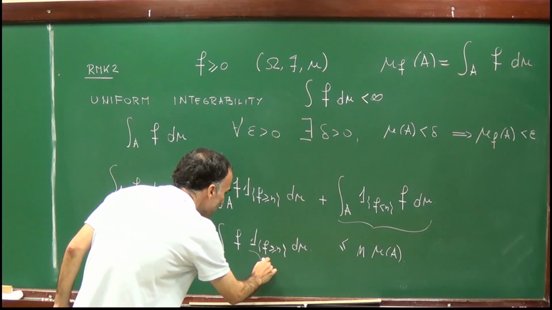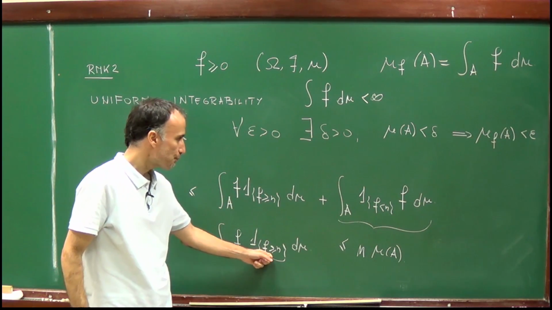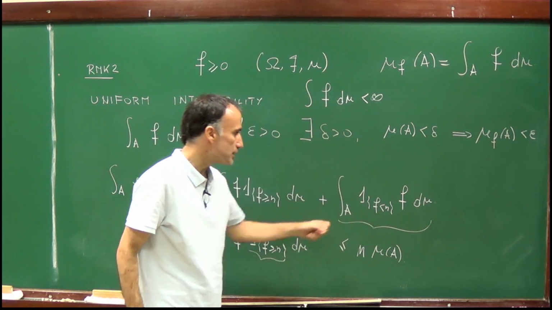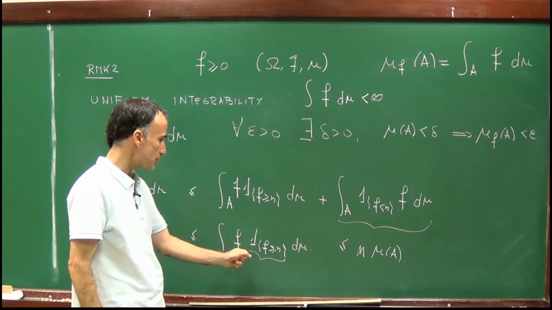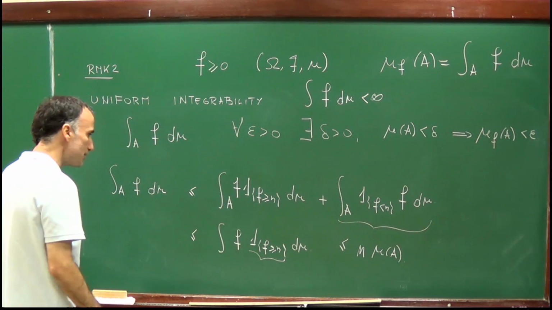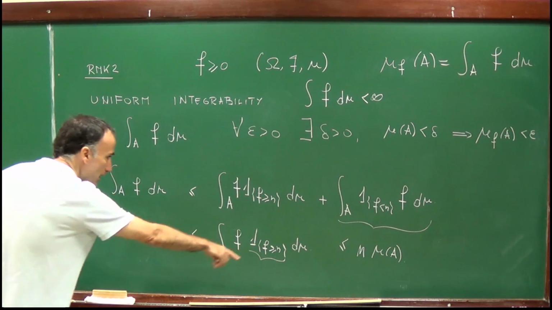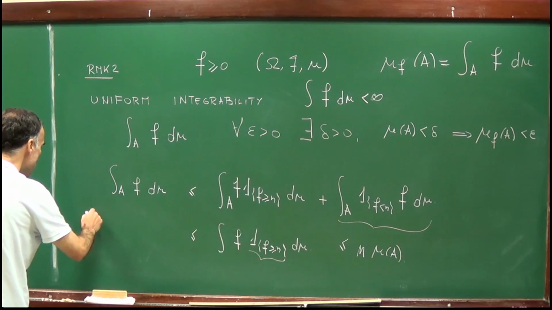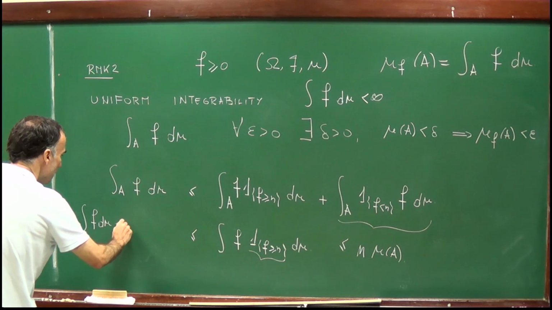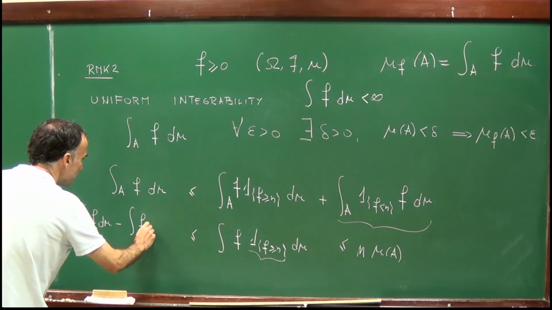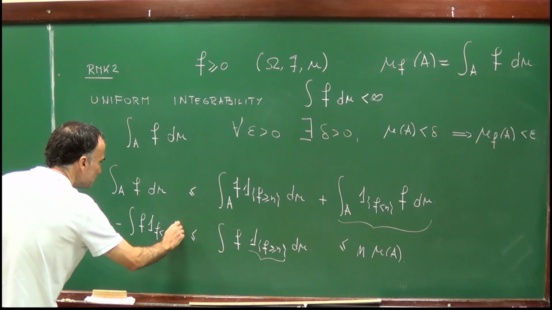This indicator can be written as 1 minus the indicator that f is smaller than n. Since f is integrable, I can use the linearity of the integrals to rewrite this first piece as the integral of f d mu minus the integral of f over {f smaller than n} d mu.